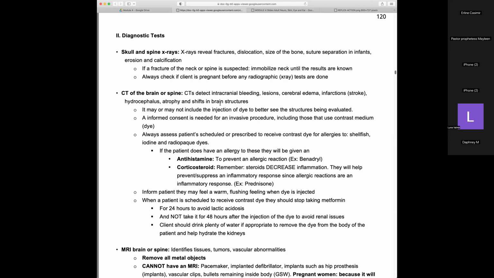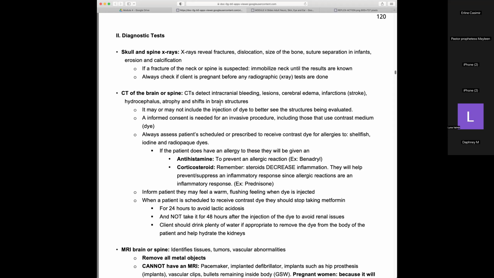If the patient is allergic, you let the healthcare provider know. When the dye is injected, the patient may feel a warm, flushing feeling, and it may make them feel like they have to pee. I had a CT of my chest once, and I thought I was going to pee on myself, but nothing happened, but that's normal. Okay?